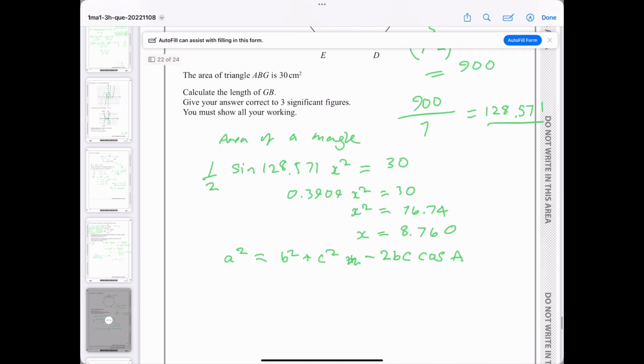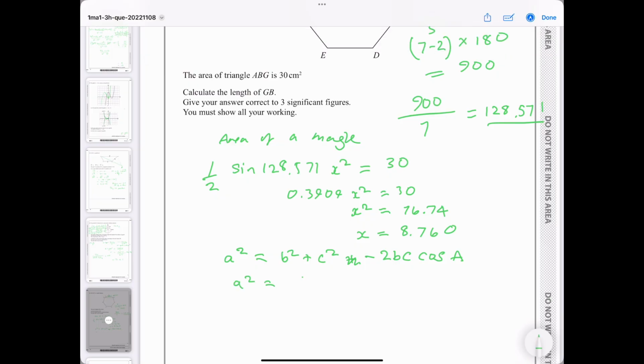So that will be a squared equals 8.760 squared, and in this case times 2, minus 2 times 8.760 squared cos 128.57, whatever.